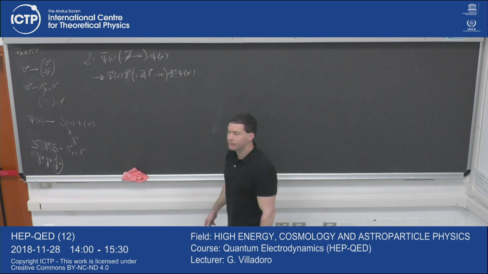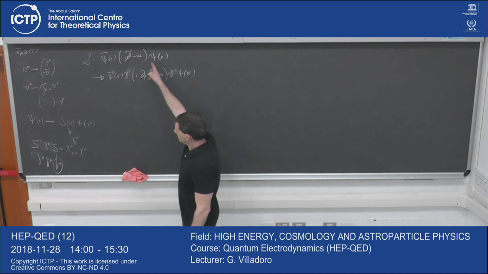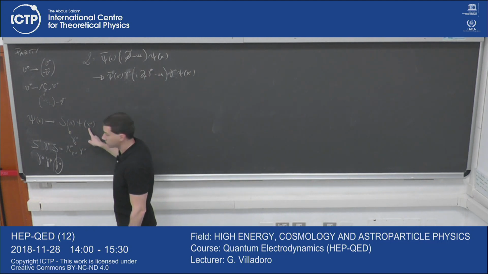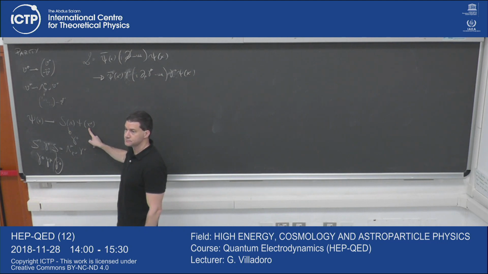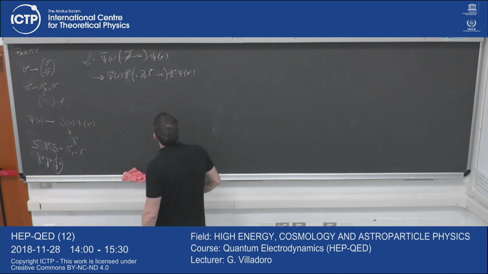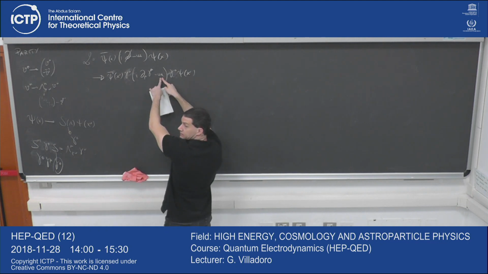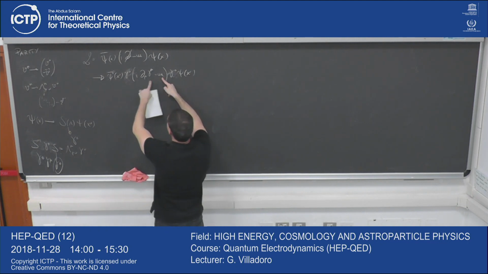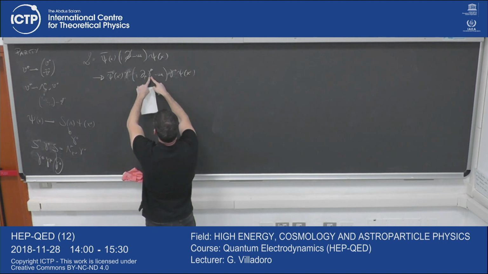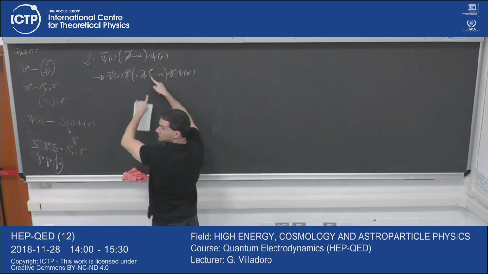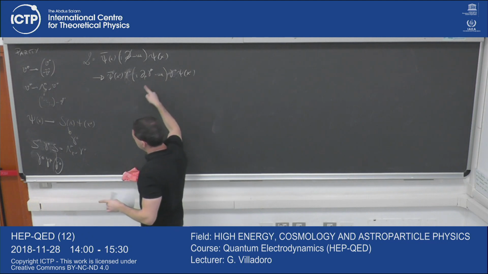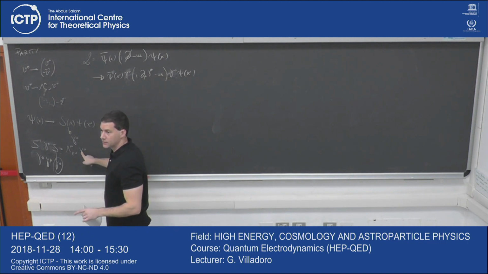Just replace psi with this transformation. Now you see that gamma naught on m does nothing, gamma naught squared. Gamma naught gamma mu gamma naught just changes gamma mu into lambda parity mu nu gamma nu.